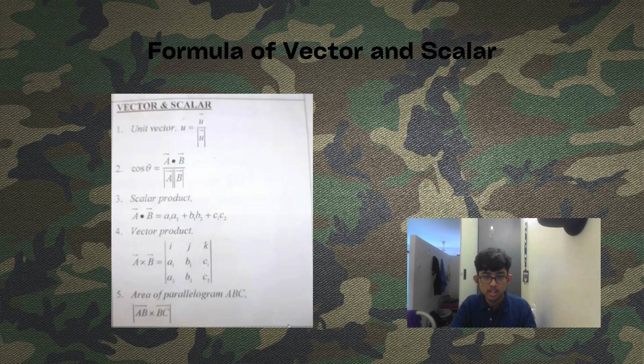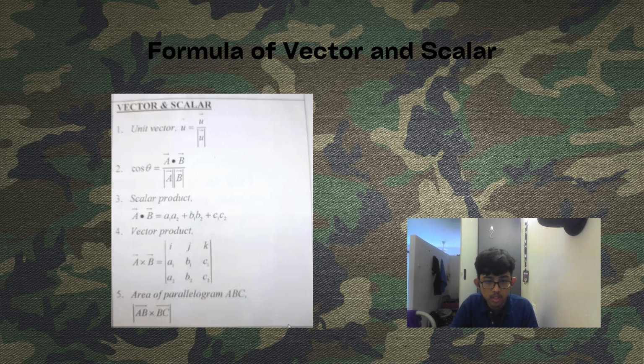The formulas for vector and scalar are used first. Unit vector: vector u equals vector u per magnitude of vector u. For the second formula, we use cos theta equals vector a dot vector b per magnitude of vector a multiplied by magnitude of vector b.